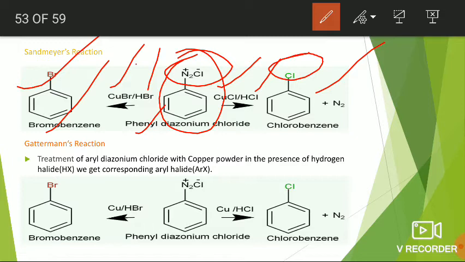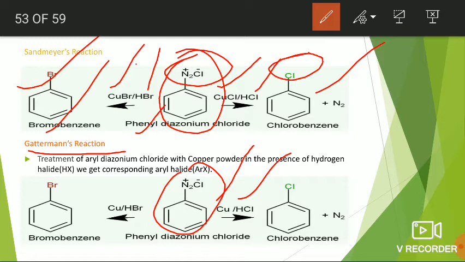Okay, next, the Gattermann reaction. The Gattermann reaction is just a modified version of the Sandmeyer reaction. In the case of the Sandmeyer reaction, the diazonium salt is treated with cuprous halide in the presence of the same hydrogen halide. But in the case of the Gattermann reaction, the diazonium salt is treated with hydrogen halide in the presence of copper powder.